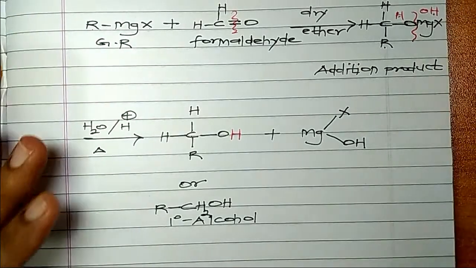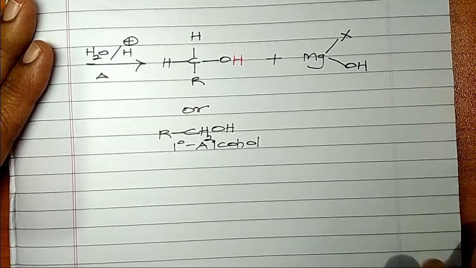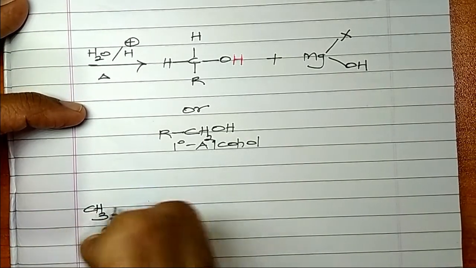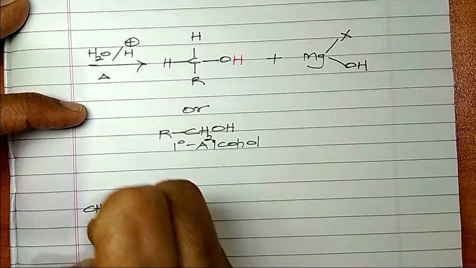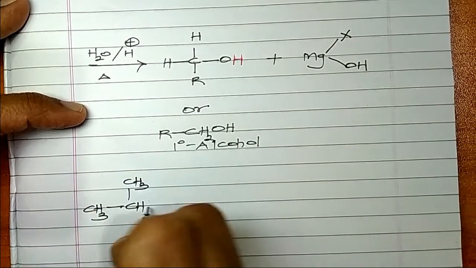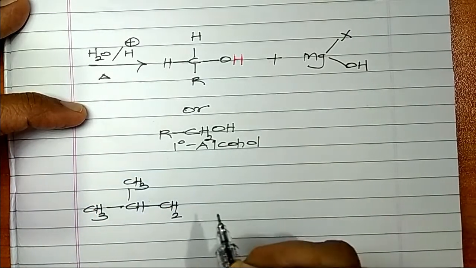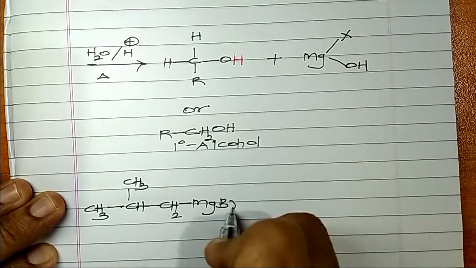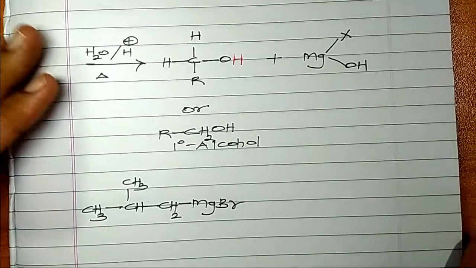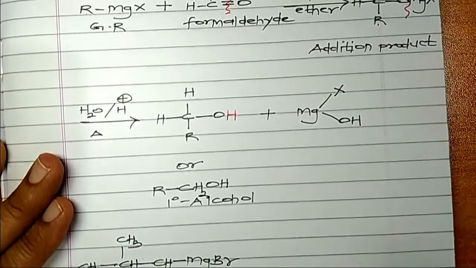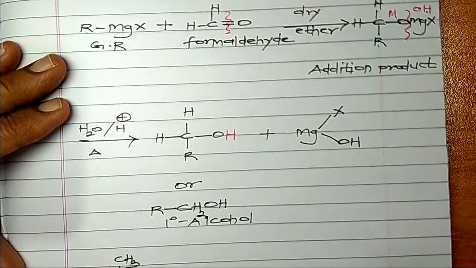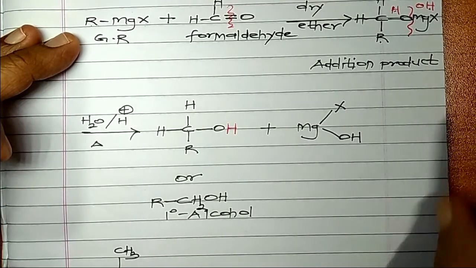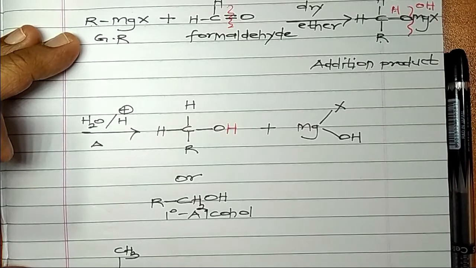Now supposing I take the value of R as CH3-CH2-CH2, I make it MgBr. Now let us compare it with the general formula. When you compare, your R value here is this entire part.